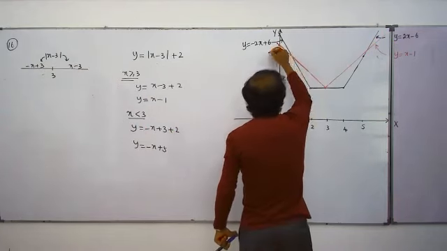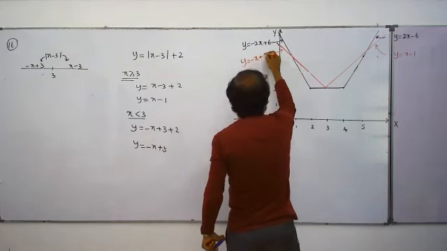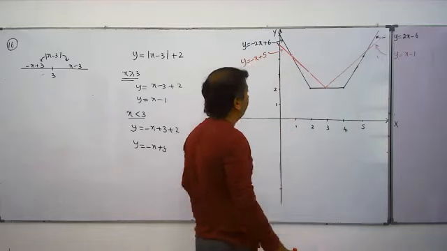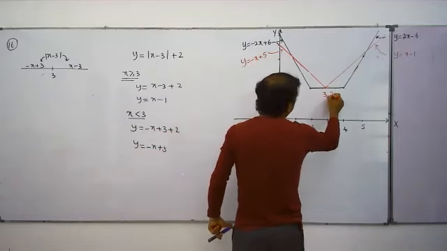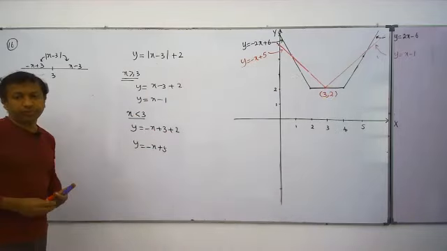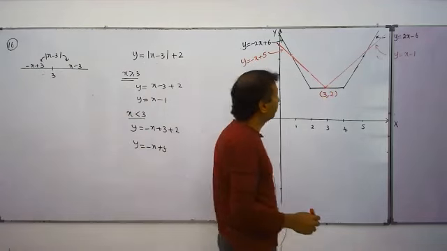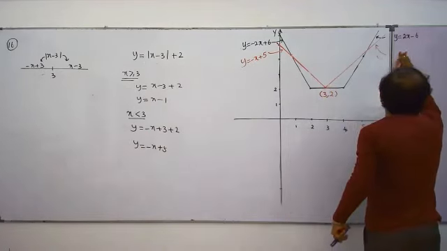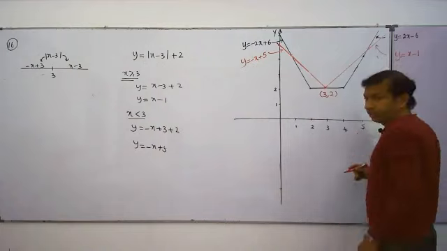This line, people, is y equals minus x plus 5. No? Right. This point is 3, 2. Y equals x minus 1. Right.